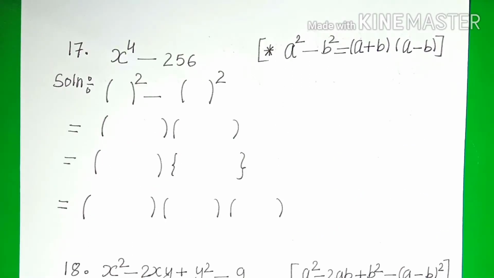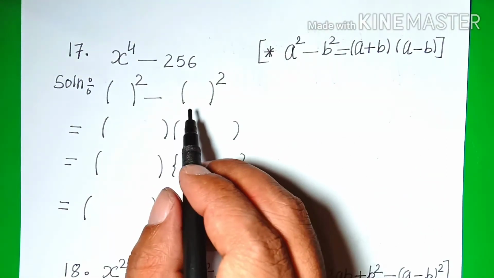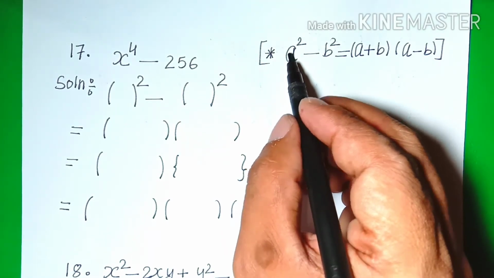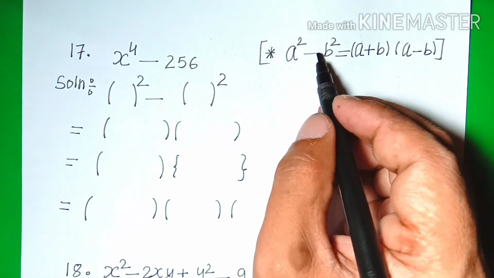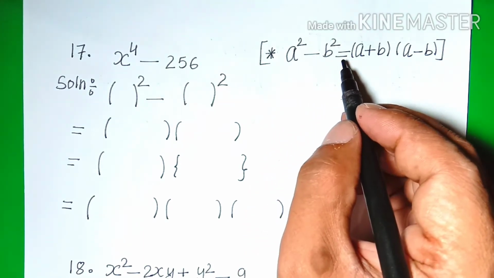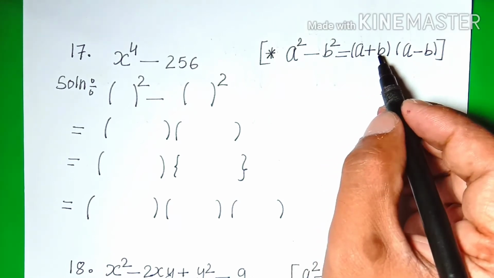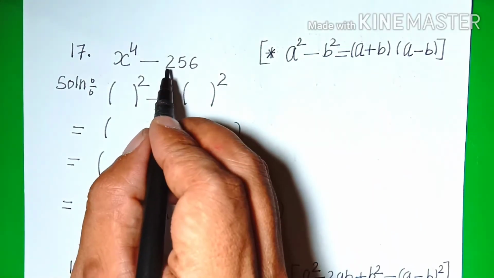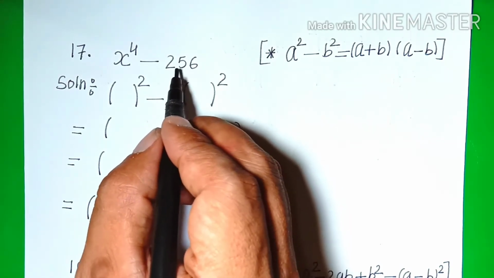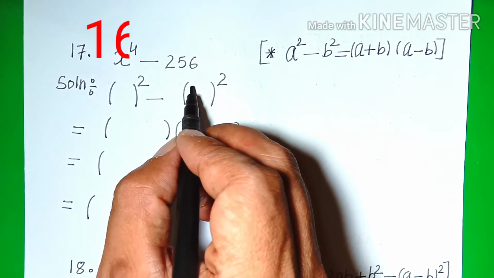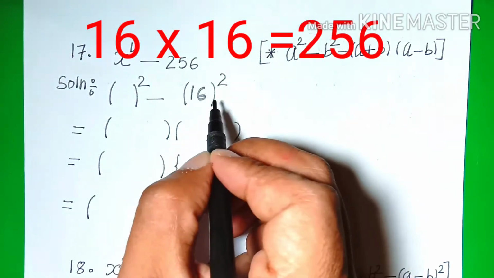Next one, the first step: change this into, or get it in the form of, a square minus b square. And second step, after forming a square minus b square, then that can be written as a plus b into a minus b. Now we can see here 256, and we know that 256 is a perfect square of, yes, 16.